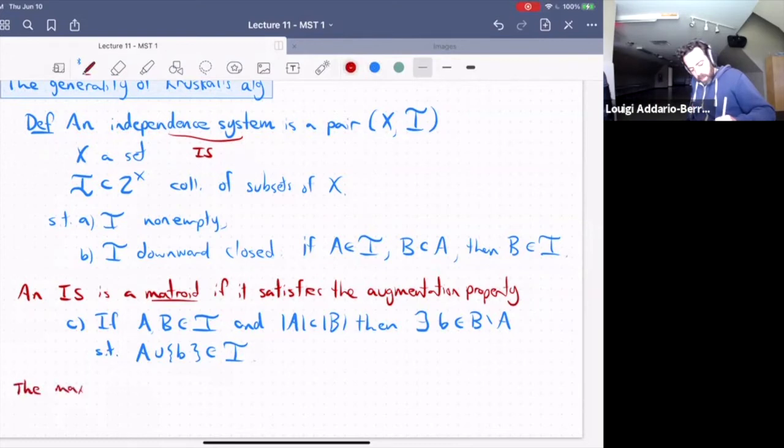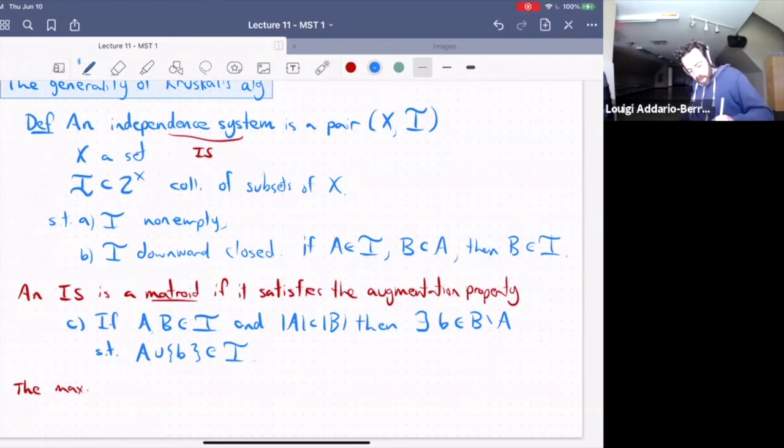So this definition dates back to 1935, and it was precisely to try to abstract away some of the fundamental properties of, say, full rank matrices, which is where the term matroid comes from, the properties that, say, the column spaces of matrices would have.